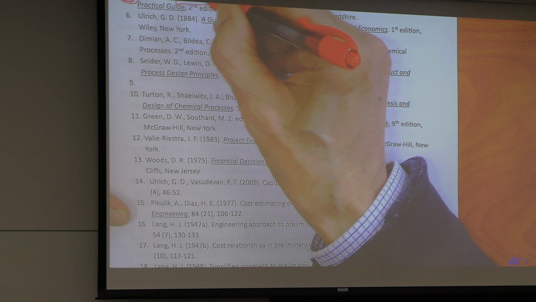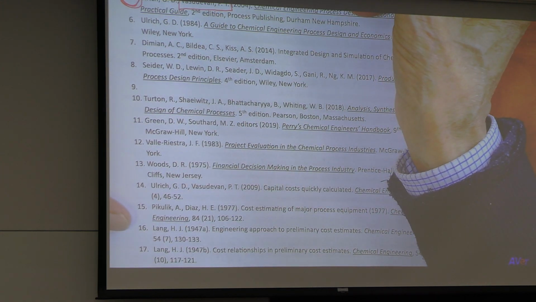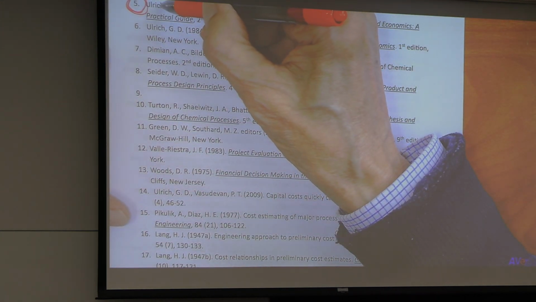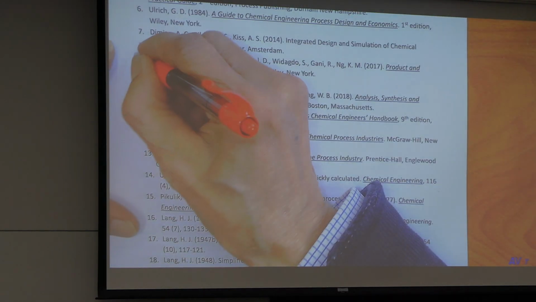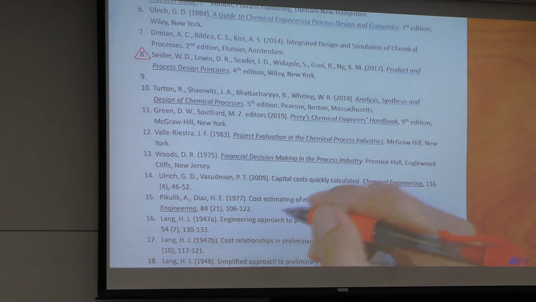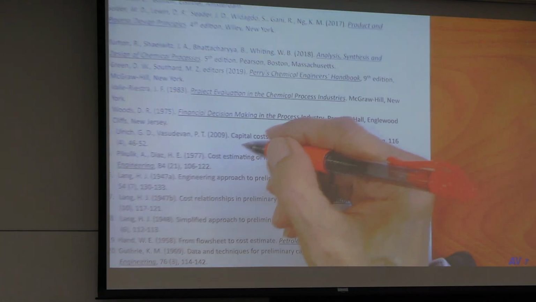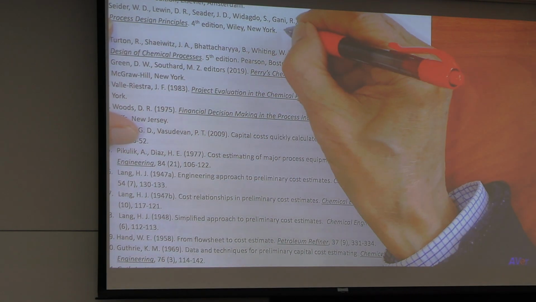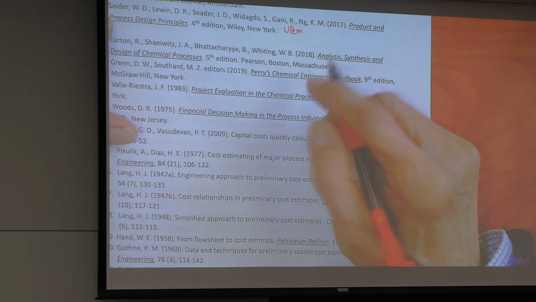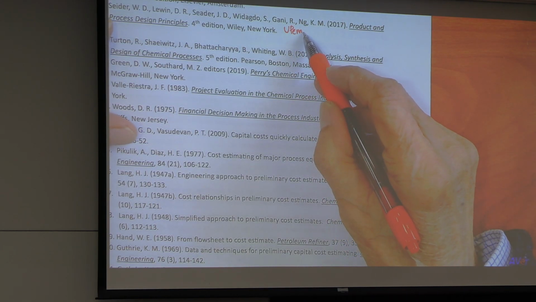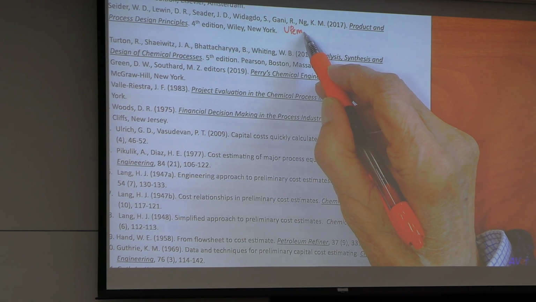Number 6 is early edition. Professor Ulrich is resting in heaven. Number 8, University of Pennsylvania. This book includes a lot of cost correlation.